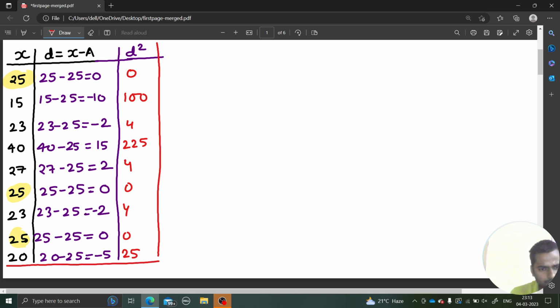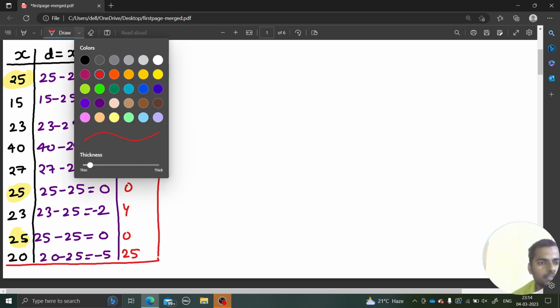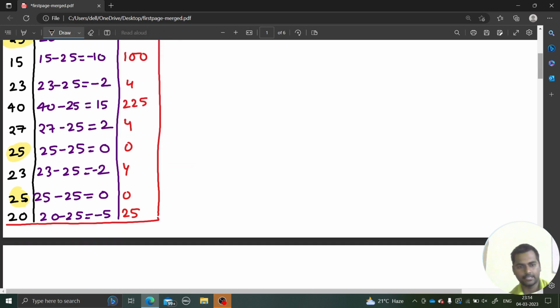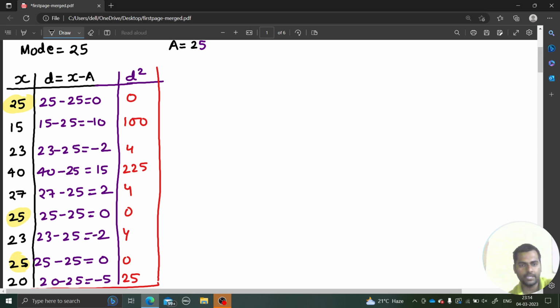Now what we'll have to do is calculate the mean from this, and the standard deviation. So for the mean we need first of all the summation of deviation, which is sigma d.